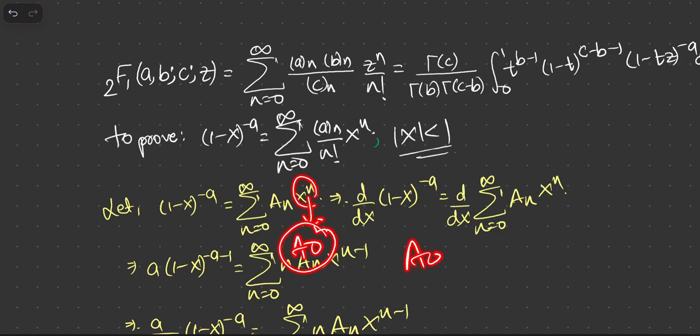The first term is a naught, and the rest is 0 when you plug x equals 0, so a naught is going to be 1. That's the reason.